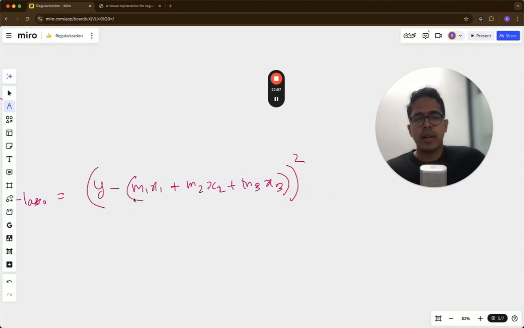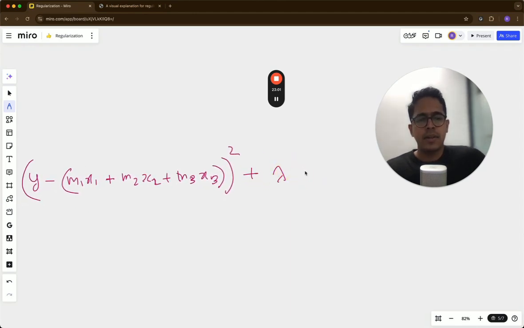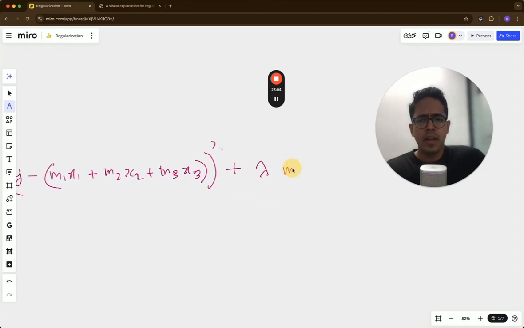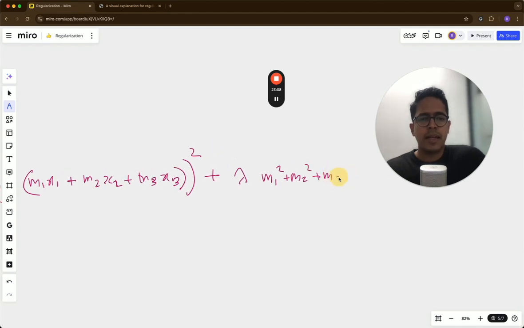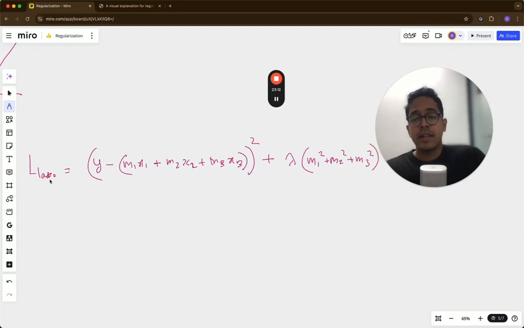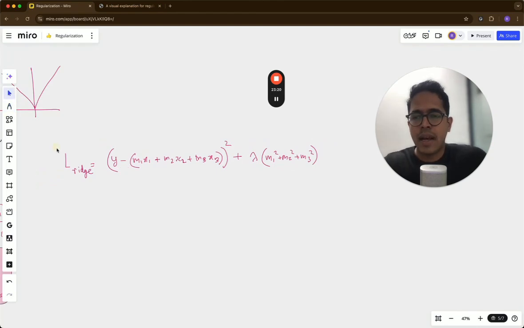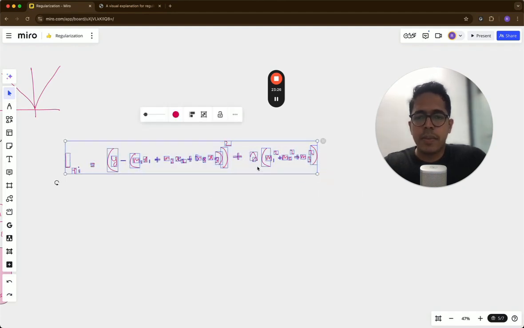This, the whole square, is assuming only one data point, plus lambda times m1 square plus m2 square plus m3 square. This is the ridge case. Sorry, I wrote it as lasso here; this should be ridge. For lasso, you will have modulus terms instead of these terms. So let me just copy paste.